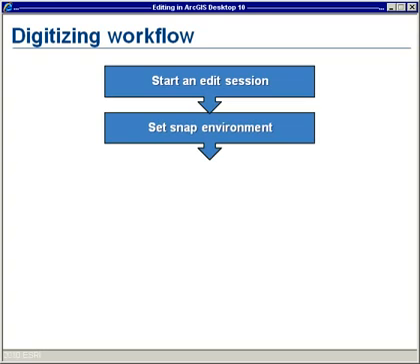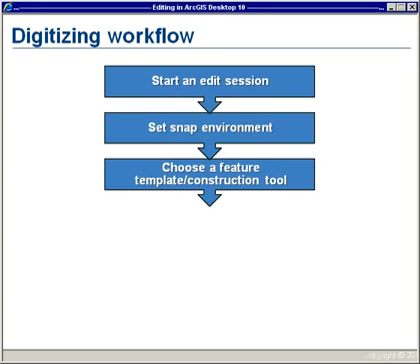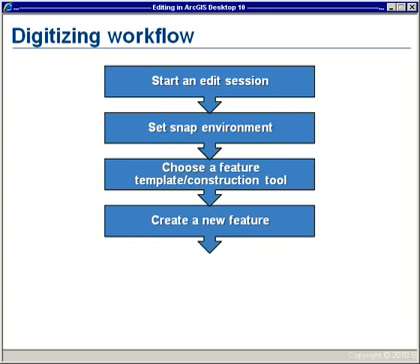You can set your snapping environment in one central location, and that's the snapping toolbar. And then you choose a feature template from the Create Features dialogs. Feature templates are created at the moment when you start your edit session, and they also come with a feature construction tool, with a default tool that is active. So you might want to go with a default tool or switch to a different feature construction tool.